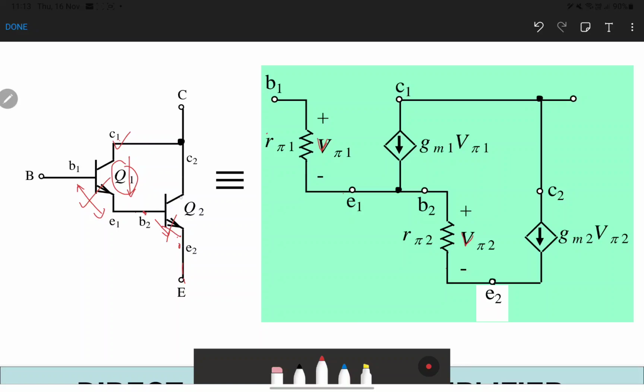Now we solve the leg of collector 2 to emitter 2. At this junction, we have collector 1 connected to emitter 2 with the diamond current source, so we name it gm2 V pi 2. At this point, it is connected to the total collector.